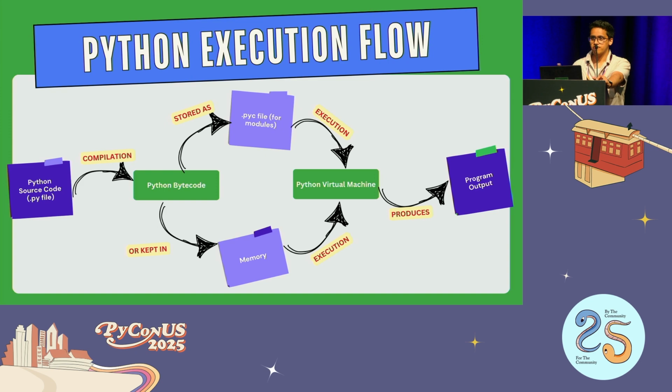Before we go, we should go through a quick overview of how the Python execution flow works. Then we're going to contrast it with how the WASM execution flow works. When you talk about Python, we write a Python source file, your normal .py file, which is human-readable code which all developers write. It's then compiled by the Python interpreter, which reads the source code and converts it into bytecode for efficiency.